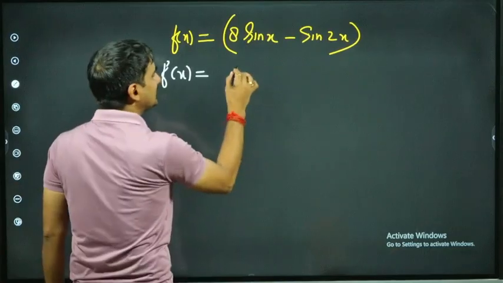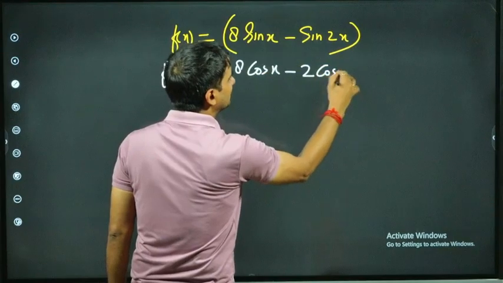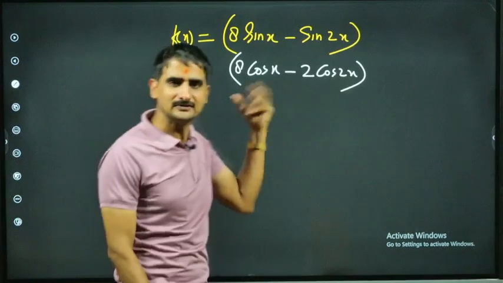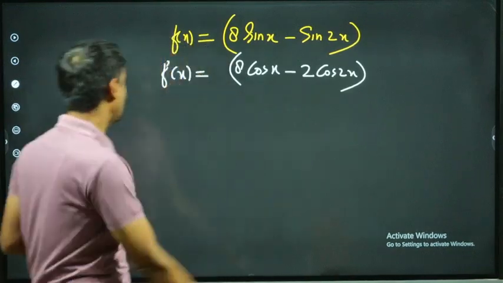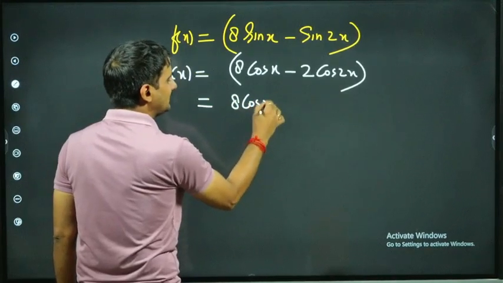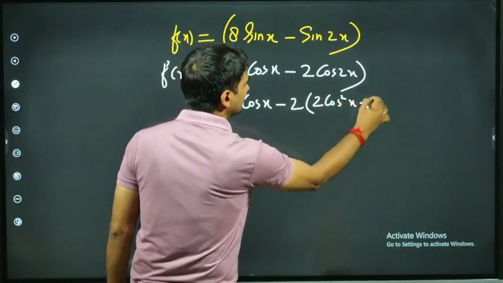Now I differentiated it just to check the nature of this function. So it's 8 cos x minus 2 cos 2x. Then I tried to see whether this function f(x) is increasing or decreasing. So for that I simplified this: it's 8 cos x and then I replaced cos 2x by 2 cos square x minus 1.